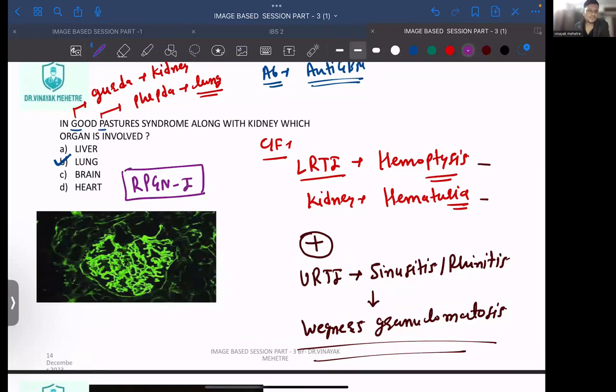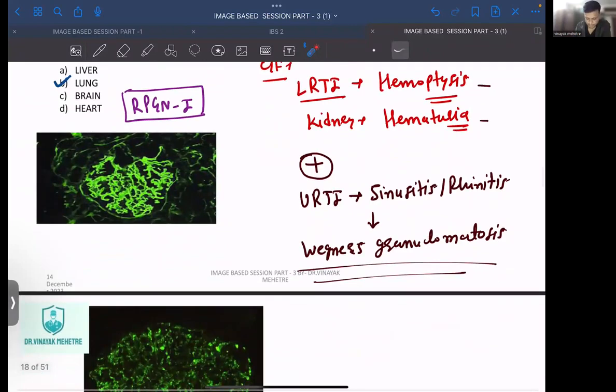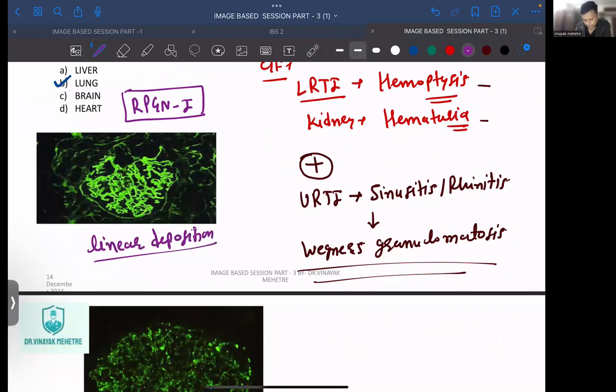And in type 1, what will you see? This is called linear deposition. So we are going to see linear deposition. Okay.